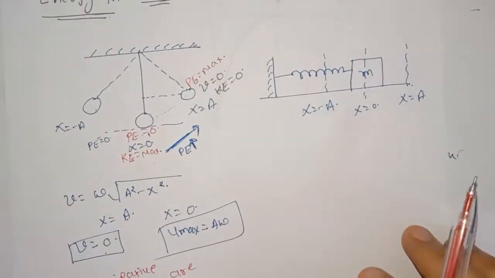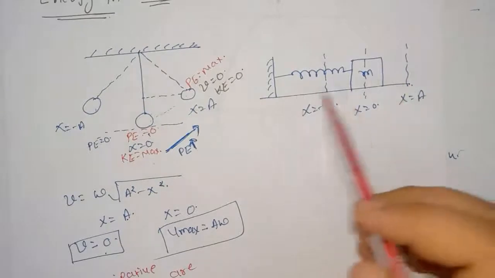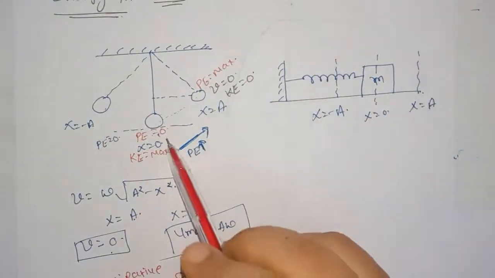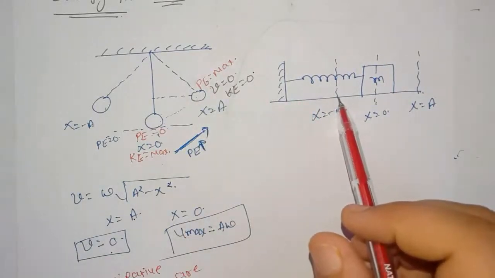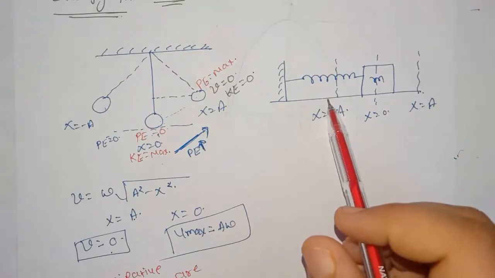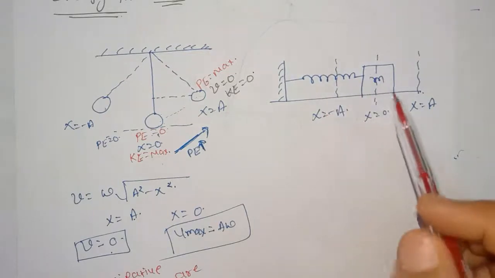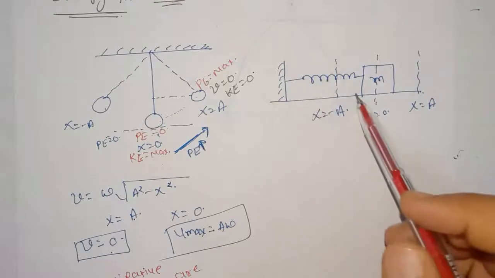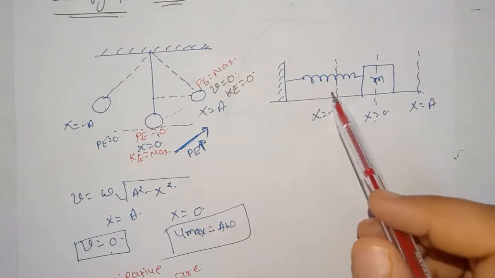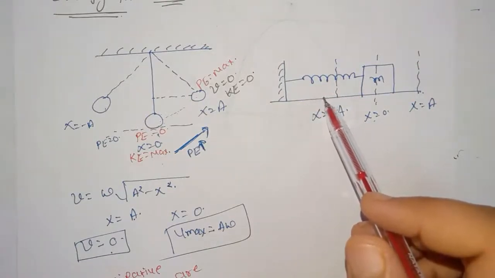Same thing we can see in the spring mass system. Here in the pendulum system it was gravitational potential energy. In the spring mass system it will be elastic potential energy. At x is equals to 0, the spring is in its natural length, so there will not be any energy stored.